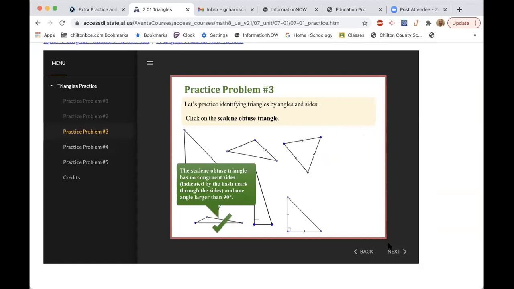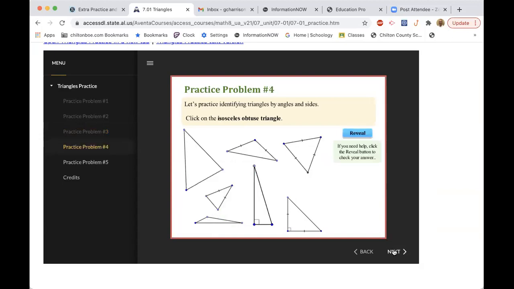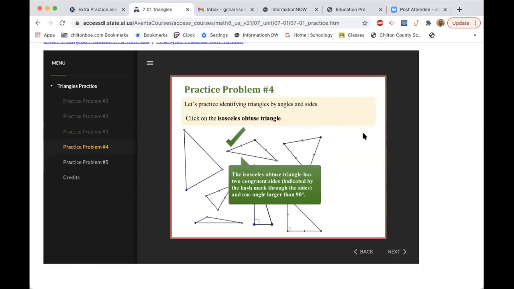Scalene obtuse triangle. Try number 4. Looking for an isosceles obtuse triangle. You have 3 isosceles triangles, this one, and this one. This is a right one. This one appears to be acute, and this one appears to be obtuse.